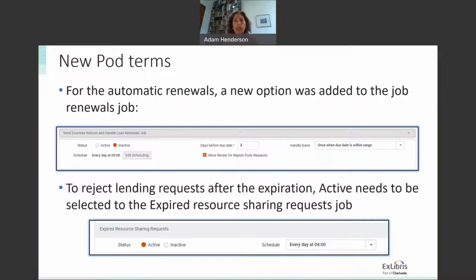And regarding the expiry date and the lending, of course, if the pod has the expiry days, to be able to reject the lending when the expiry date is met, you need to set the job, the expired resource sharing request, to active, so that the lending requests are actually rejected once the lending period occurs.